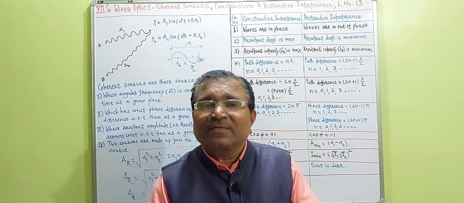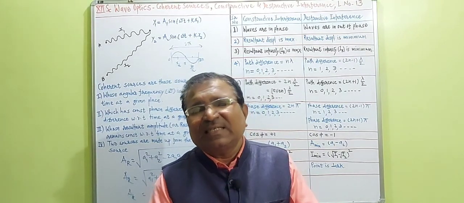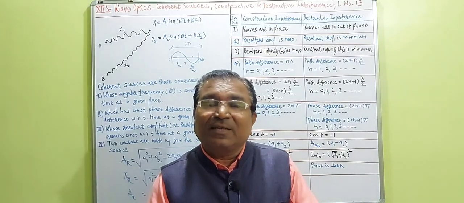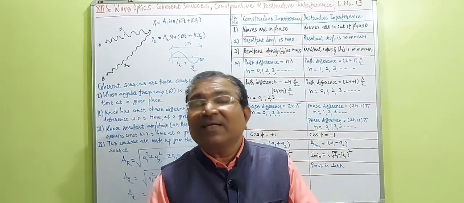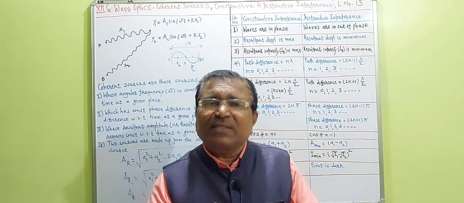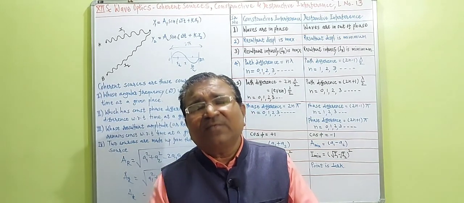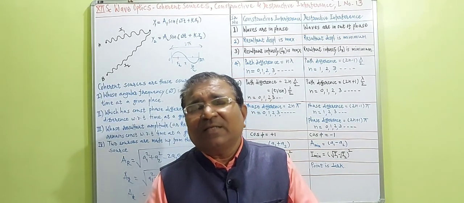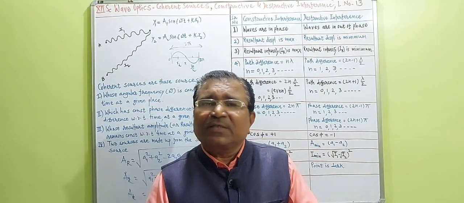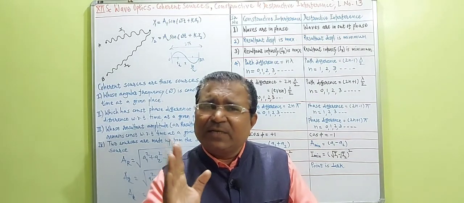So listen to this topic, learn this topic again and again by pausing the video, by starting the video again and again, and then we'll proceed further by taking the next point. Till then we will stop here.